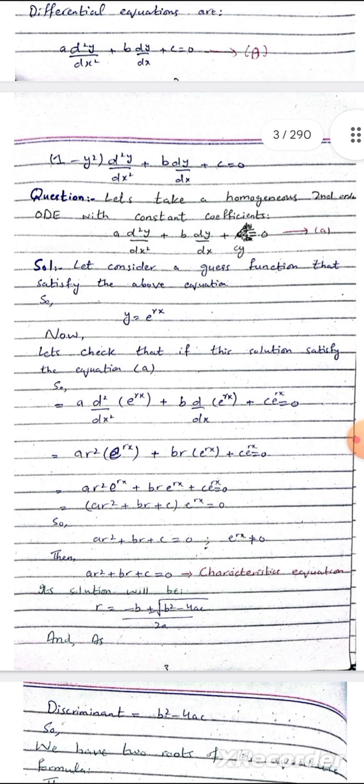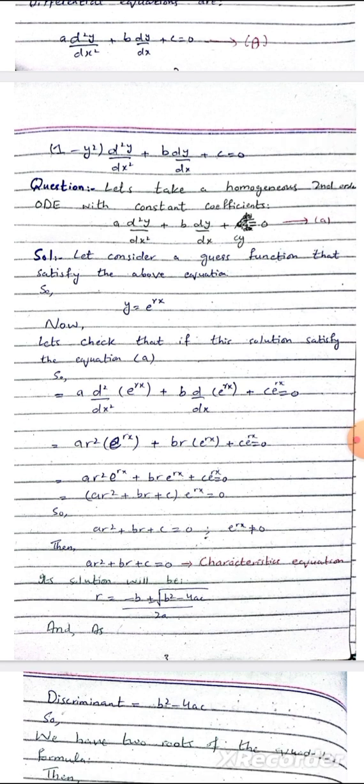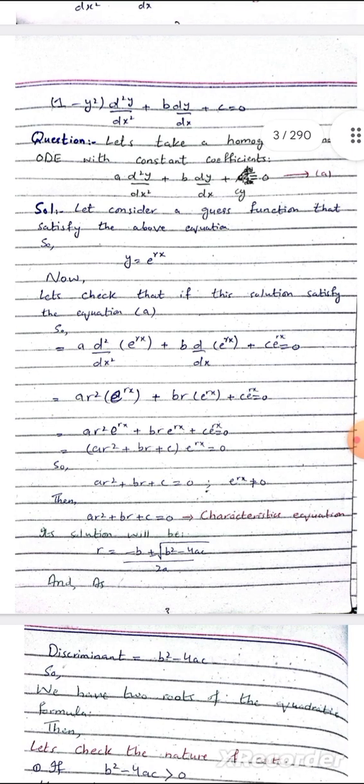Now, first making its characteristic equation and solving it, we obtain y is equal to e to the power gamma x. We generally call this term a guess function. So let us consider a guess function that satisfies the above equation as y is equal to e to the power of gamma x.